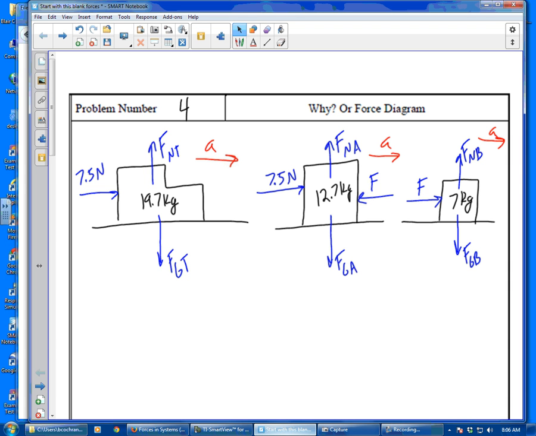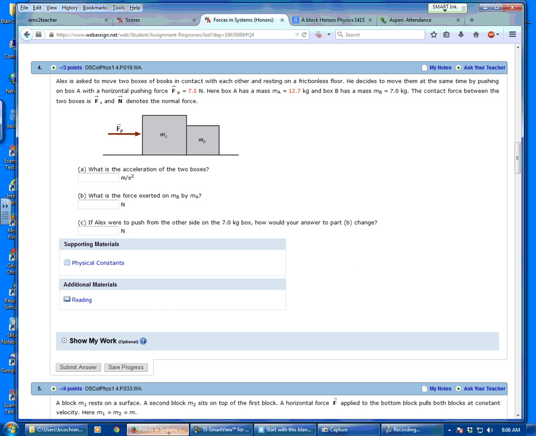All right. And now I'm only going to use the free bodies that I need. Let's see. They asked me, I think, to solve for the acceleration, the force between the boxes, and then if Alex were to push from the other side, how would the answer in B change?